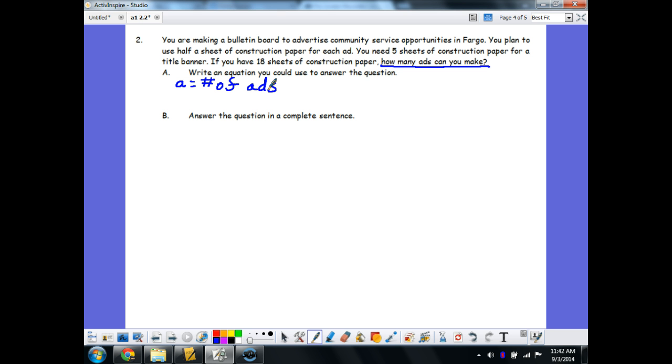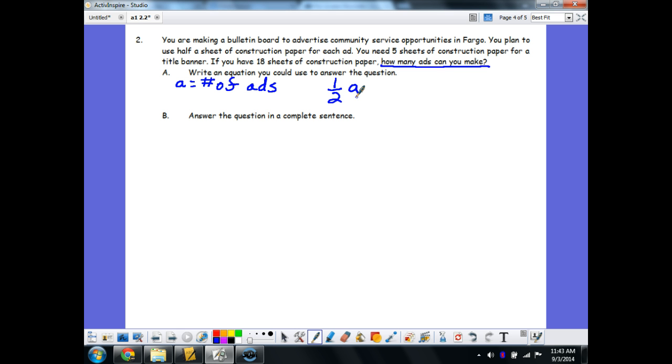Well, we're using A ads, so the number of sheets of construction paper that we would use is 1/2 times A. Okay? So that's how much construction paper we're going to be using for the ads themselves. 1/2 times the number of ads.